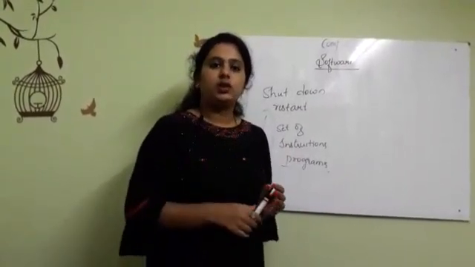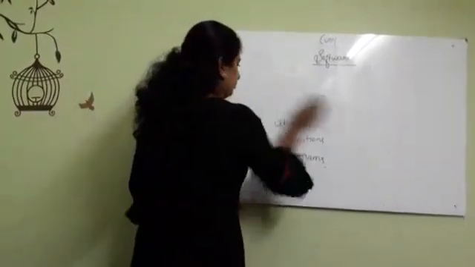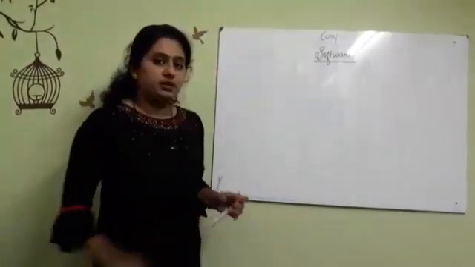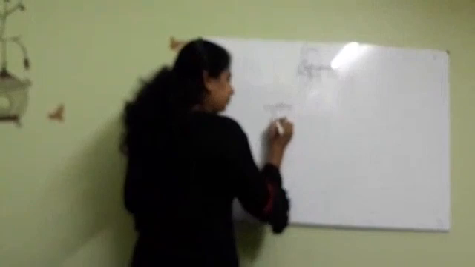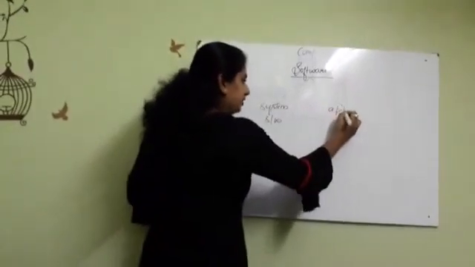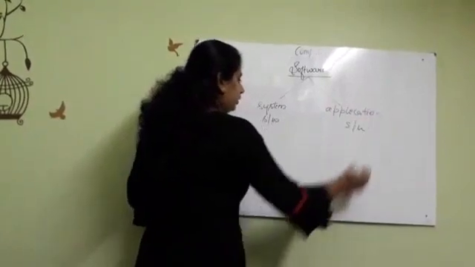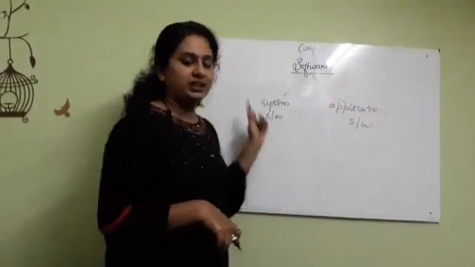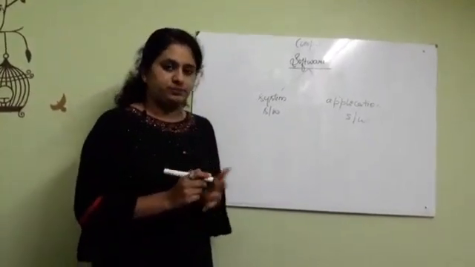Okay, now we'll see what are the types of software available. See, there are two types of software. One is system software and another one is application software. First we'll see about the system software, then we'll study about the application software. What do you mean by system software?